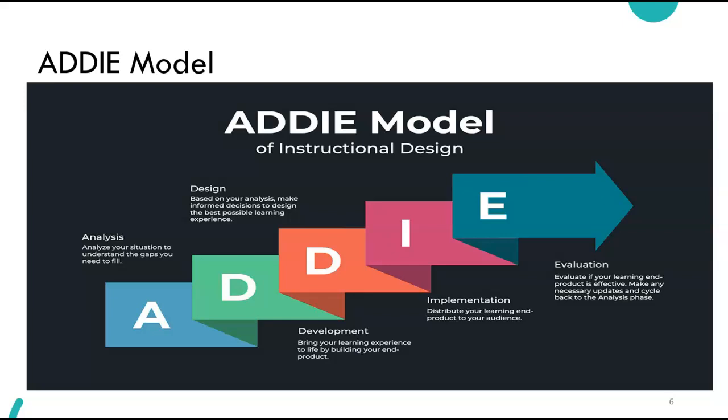It starts with A, which is analyze, D, design, D, develop, I, implementation, and E, evaluation. And so the ADDIE model is an instructional systems design model. And most of the current instructional design models are kind of spin-offs of this.